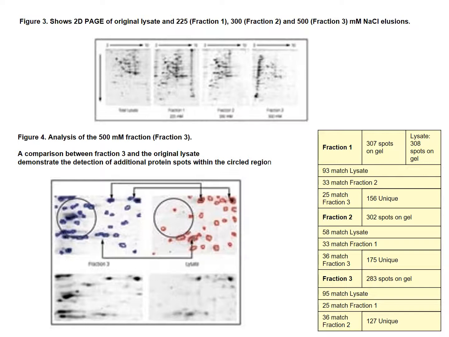And you see there are spots in common, and yet there are many spots that are not in common. So again, if this was wild type and this was a cancer, then you've got multiple proteins to study that are appearing here that are not in the original lysate. So very intriguing.